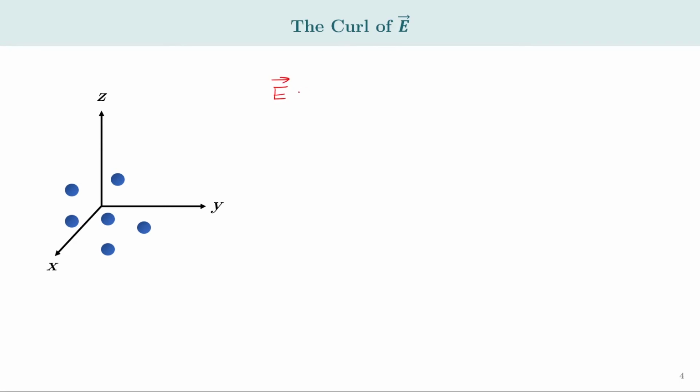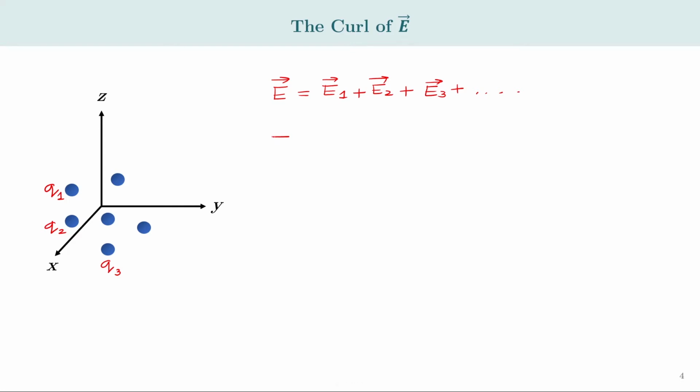That is, the total field E equal to E1 plus E2 plus E3 plus etc. Where E1 is the field that is produced by Q1 alone and E2 is the field that is produced by Q2 alone and E3 is the field that is produced by charge Q3 alone.